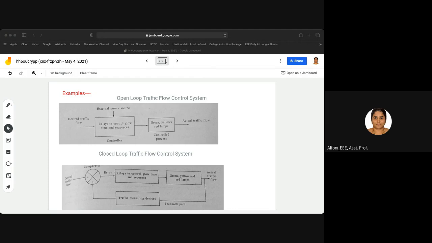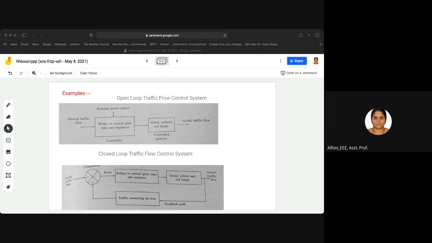This error then changes the lamp glow time and sequence through the relays so as to bring the actual traffic flow the same as the desired flow. So, for example, jamming on the road will influence the system input through the traffic measuring device, because at every instant the information regarding the flow of the traffic is sent to the input through the feedback path.